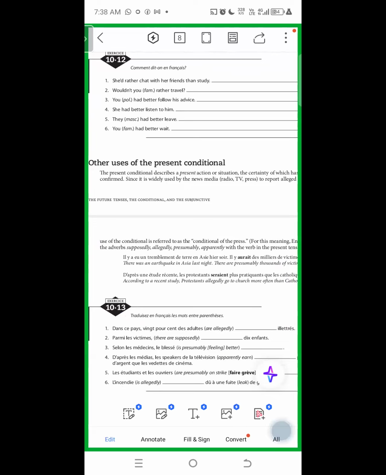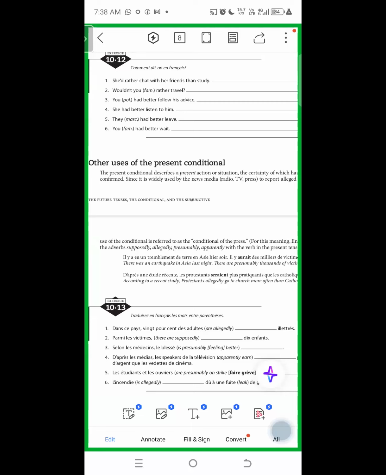How do we say that? So that's elle aimerait mieux. Is it parler or dire? Chat, like sending a message, you can use parler with physical chatting, with speaking.